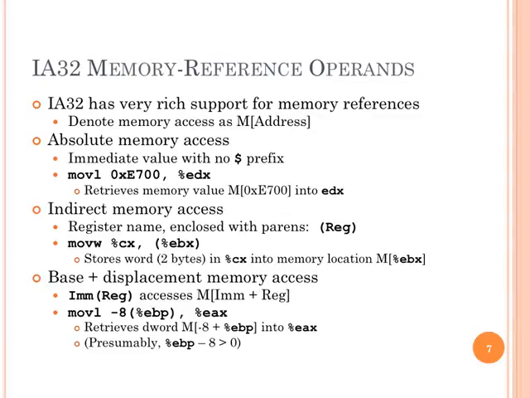So movl -8(%ebp), %eax. It's kind of interesting because you can think of it in two different ways. You can either say the starting address is variable, and I always have a fixed offset off of it, which is in fact how we will be using it a lot. Or you can say I have a fixed start and a variable offset. It's just which way do I want to think about it conceptually?